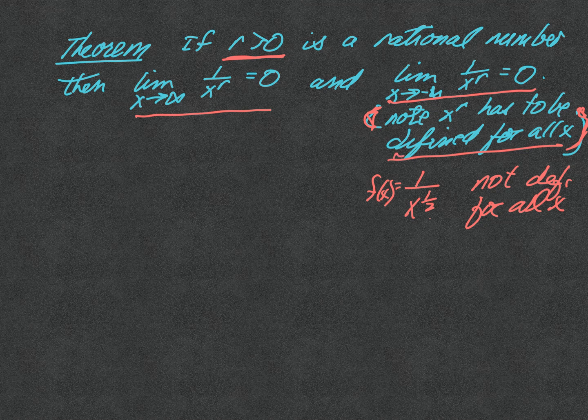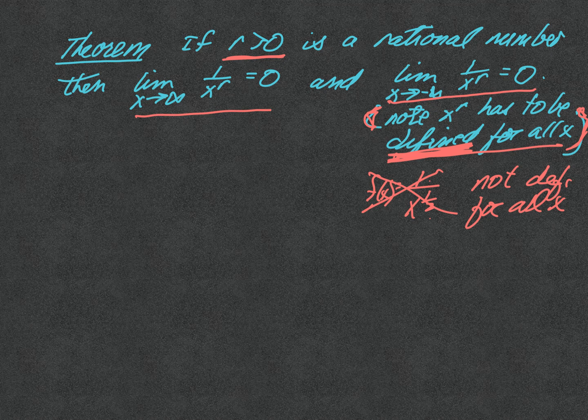That's why they say it has to be defined for all x. So this one would be a no. You couldn't take a limit as x approaches negative infinity, but if it was 1/3 power, then you could. In any case, 1 over x to a rational number power is going to equal 0. And that's how you think about it.